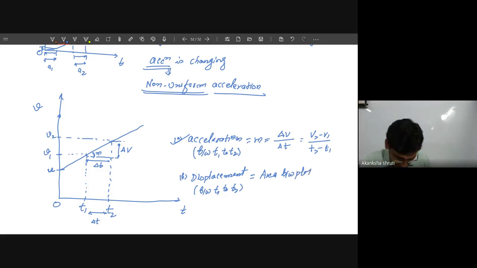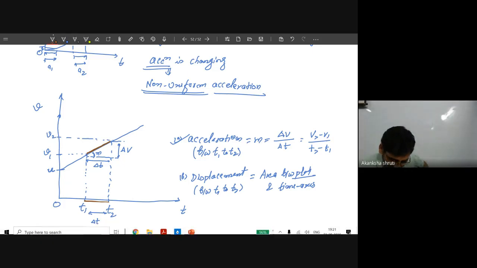Plot means the line that we have drawn, I am drawing in red ink. So this is the plot, and the time axis is here. So from here to here, what will be the area?